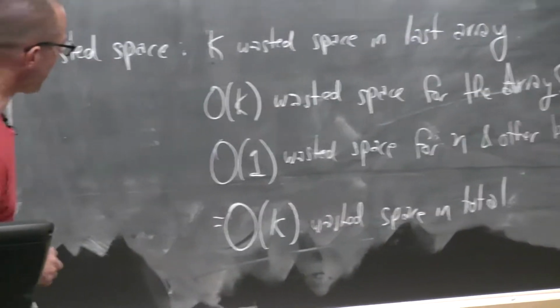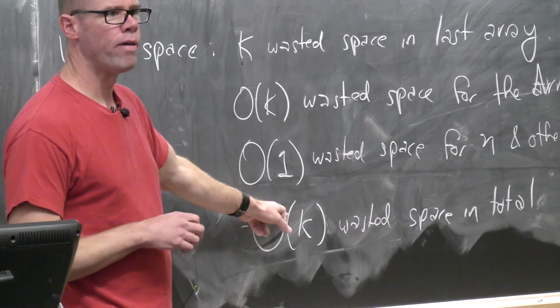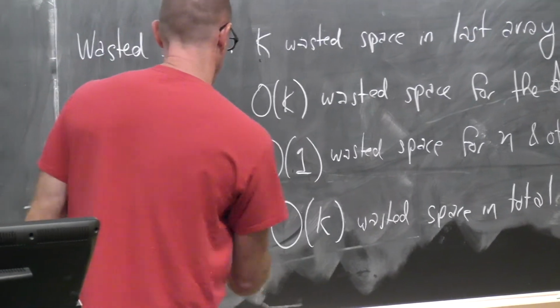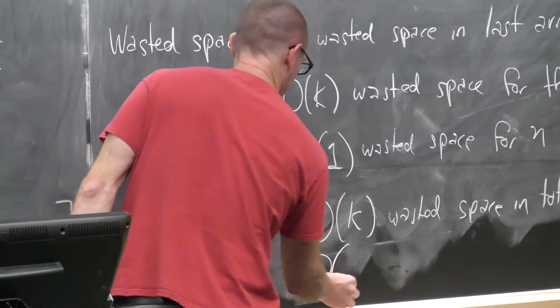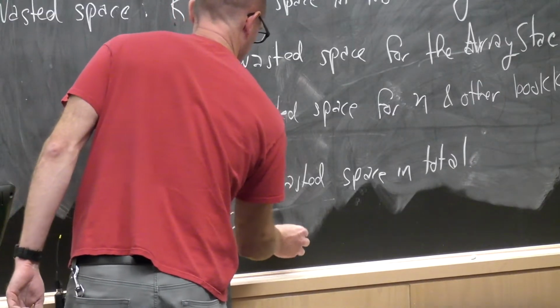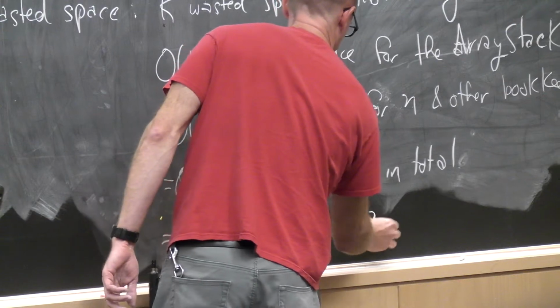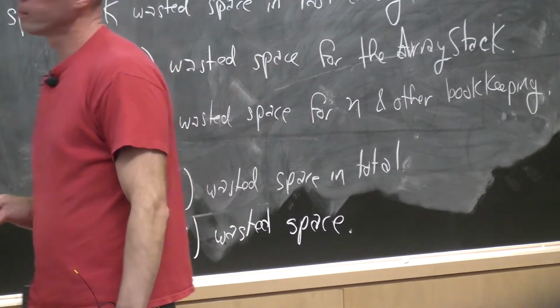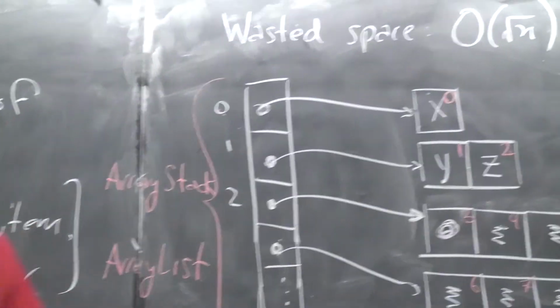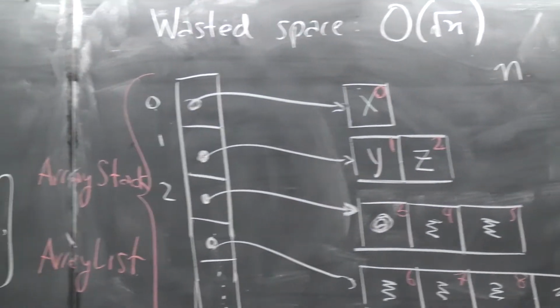So that means k is the square root of n. Okay?